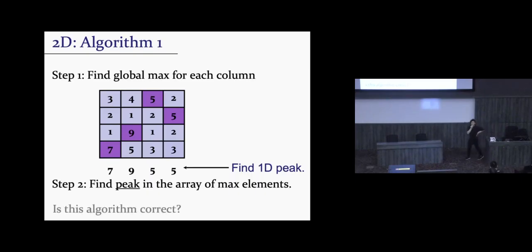What do we think? Right? So for example, let's just say that our peak finding algorithm returns us value 9. So 9 here happens to be the peak that we found. Let's just say the peak that we found from the output of step 2, right? Is it definitely a peak in the 2D array? What do we think? It's a maximum in its column, right?